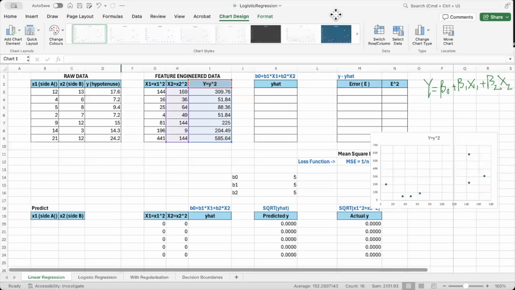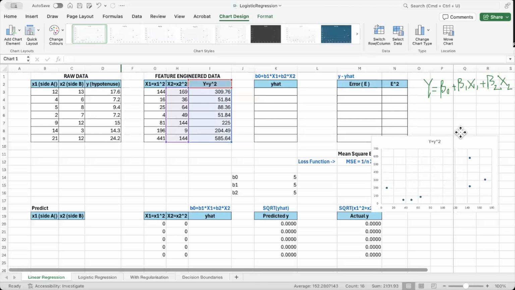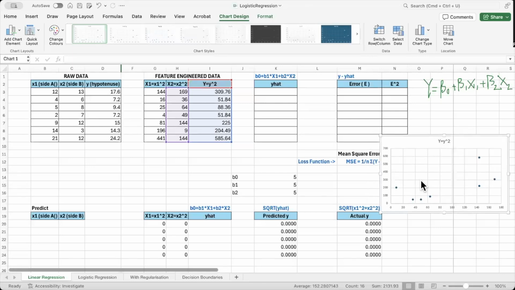Now here we have only two variables, that is X2 and Y. So what we want here is to find a line between these points such that it can be used for prediction of the values of Y based on the values of X2.